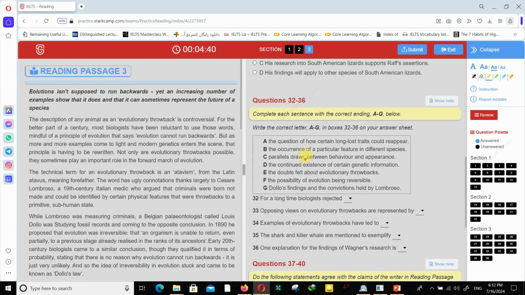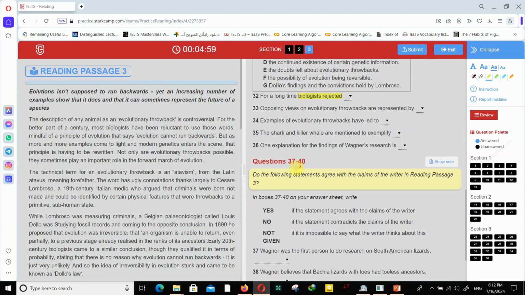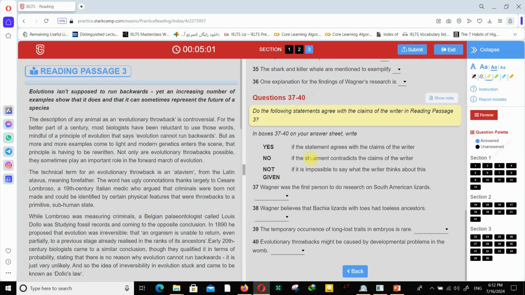So 32. For a long time, biologists rejected what? This is another keyword to highlight, and don't read the options. When I find this keyword, then I'm going to look at the options. For yes, no, not given, it is better to read the first two because maybe the first one is not given.